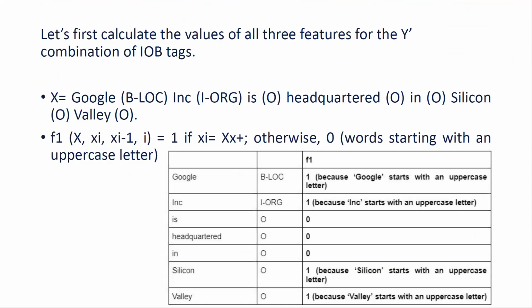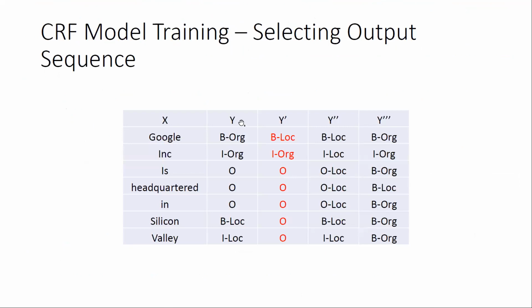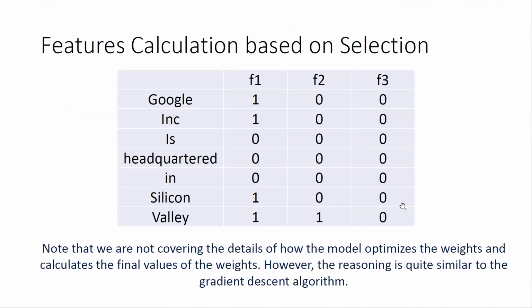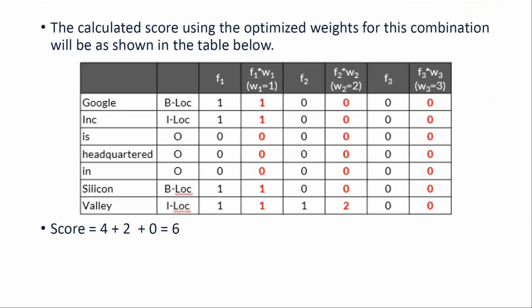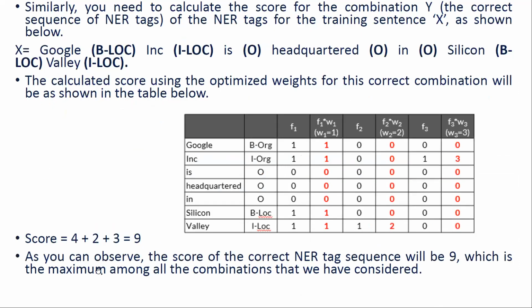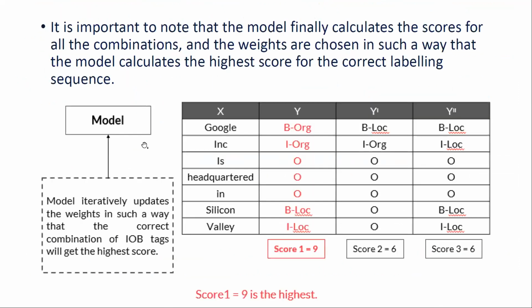We looked at these four options: y dash, y double dash, y triple dash. We have now calculated the values of y dash and y double dash. This one is coming out to be 9. These two are coming out to be 6. So this is the winner, depending on the score value. As you can observe, the score of the correct NER tag is 9, which is the maximum among all the combinations that we have considered. So this is 9. Good.